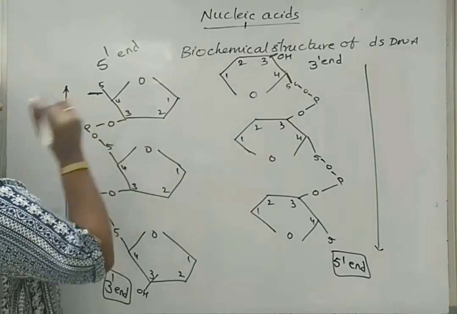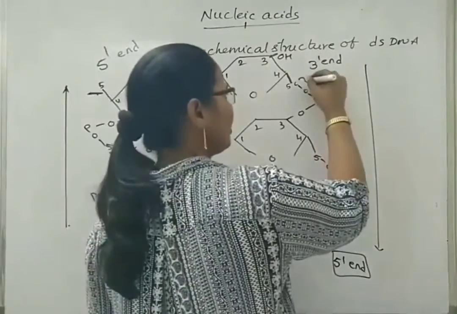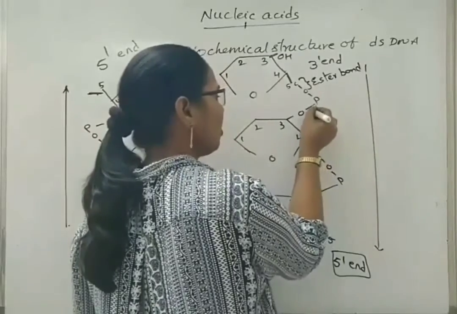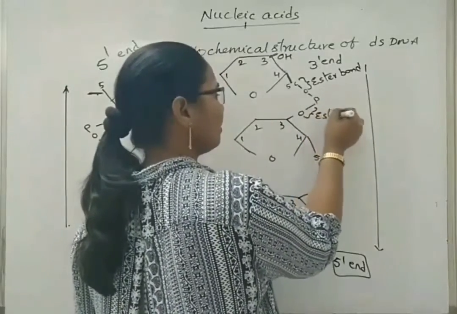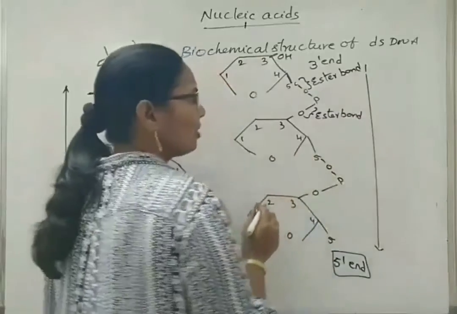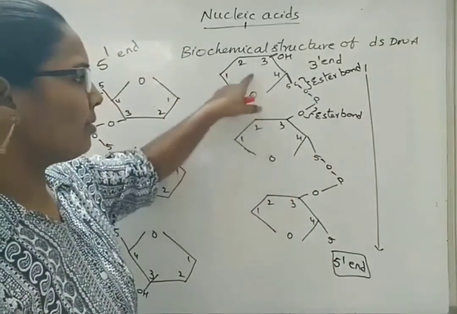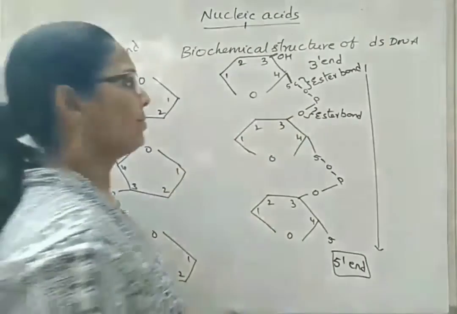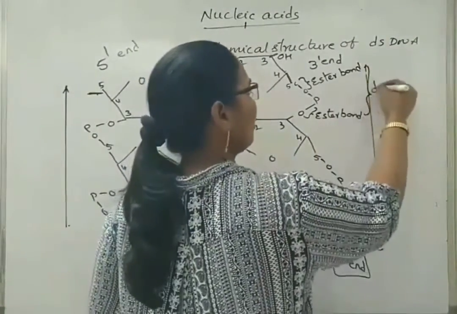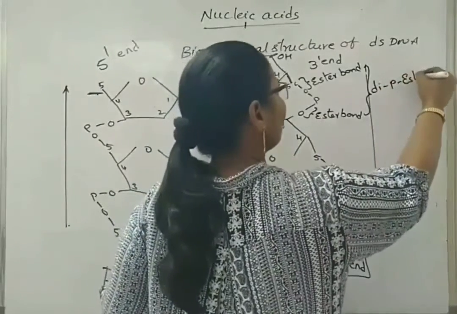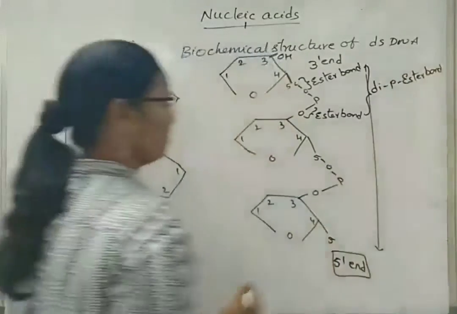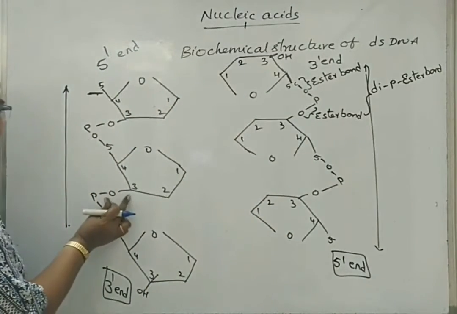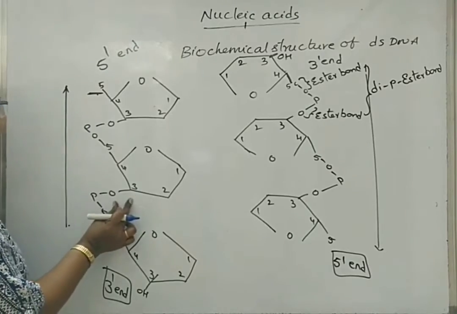So this bond is an ester bond, and this bond is also an ester bond. So between two successive neighboring pentose sugars there is a phosphodiester bond. Here also the same. But separately, between the third carbon and phosphate, there is one ester bond.